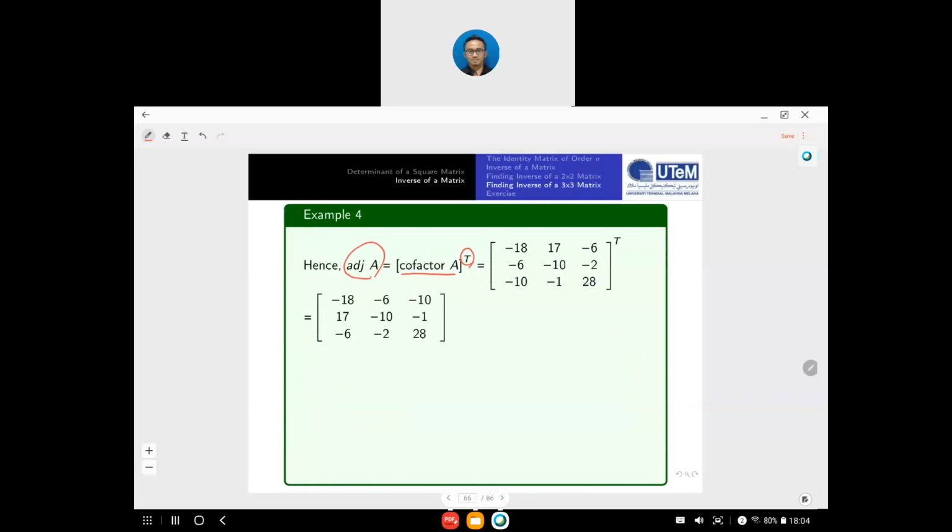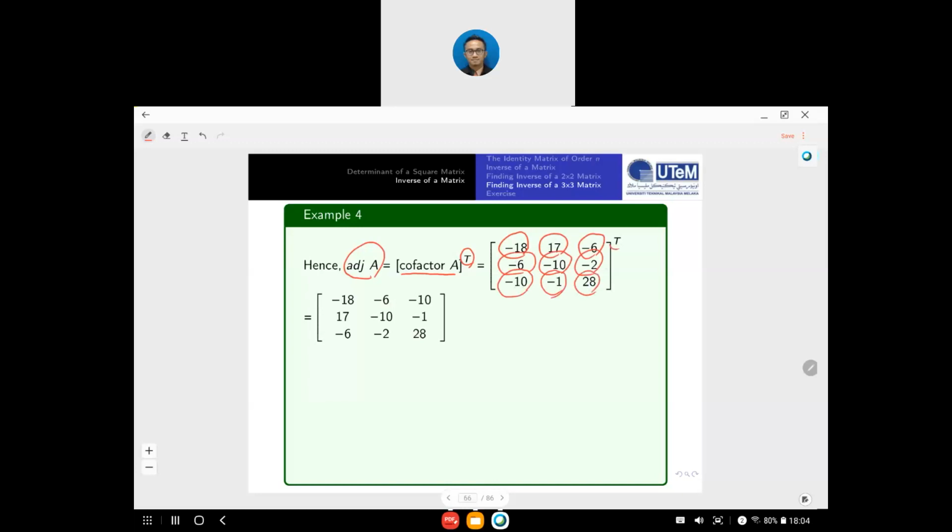Kalau awak tengok tadi, cofactor dia dapat apa? Negative 18 for C11. C12, 17. C13, negative 6. And then C21, negative 6. C22, negative 10. C23, negative 2. And then C31, C32, and then C33.